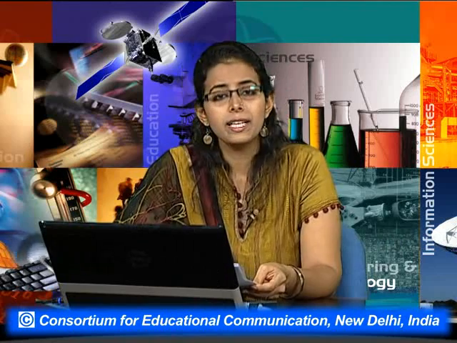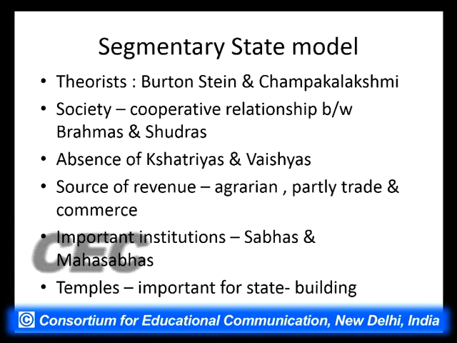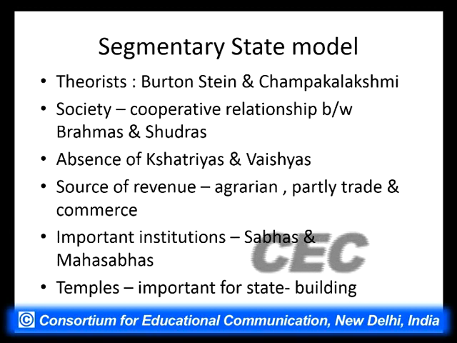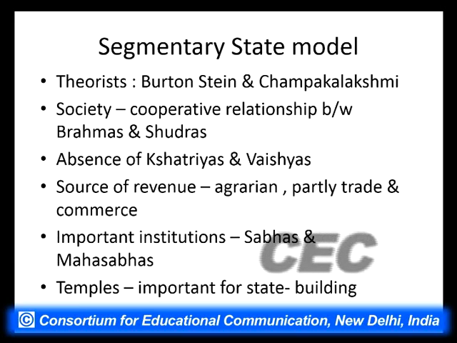Now, the segmentary state model, which is the next set of theories, is theorized by Burton Stein and Champakalakshmi. The theory of segmentary state model particularly applies in the context of South Indian polity, and according to this theory, the origin of state in South India is attributed to a society based on cooperative relationship between Brahmins and Shudras.